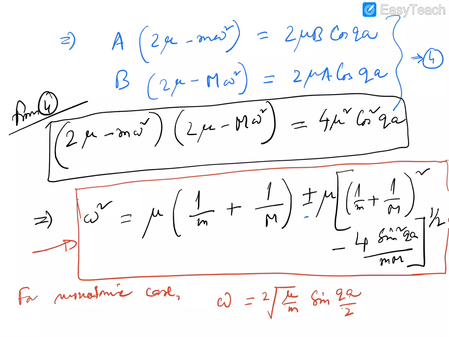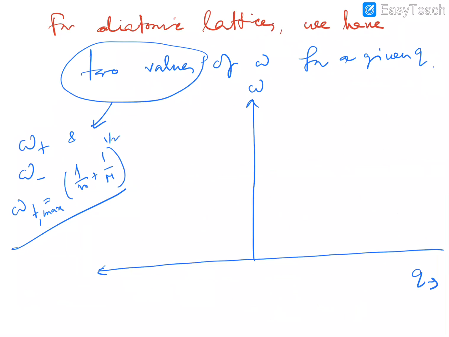So omega plus we have calculated, right? The maximum value is given by this. Now we can find out omega plus max if capital M is very much greater than m. So one atom has much higher mass than the other one, right? So we can find this out easily. Similarly, for the other case we find what omega minus max is.